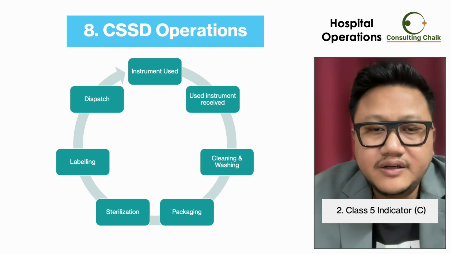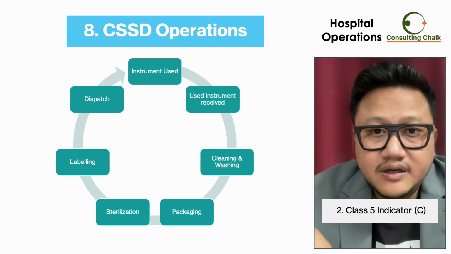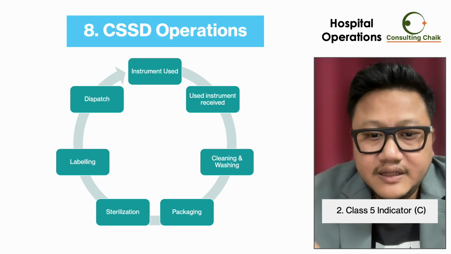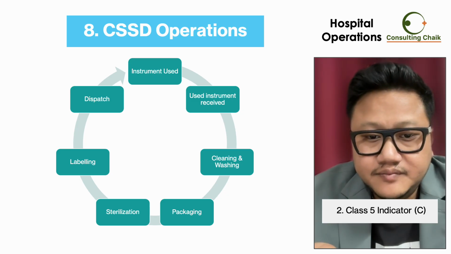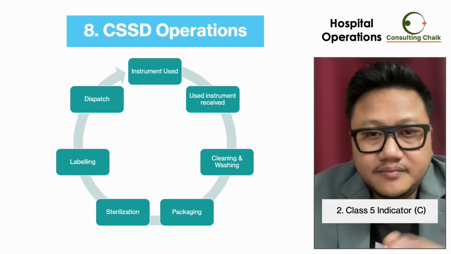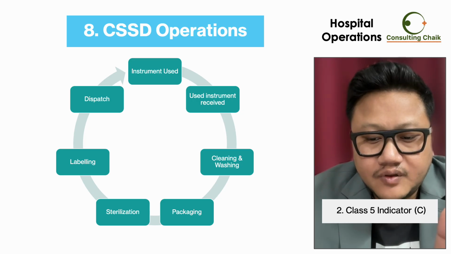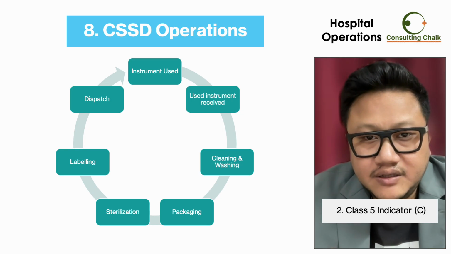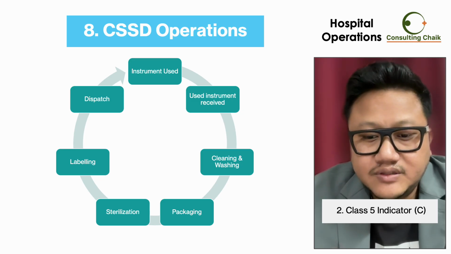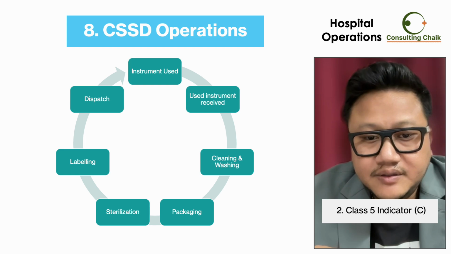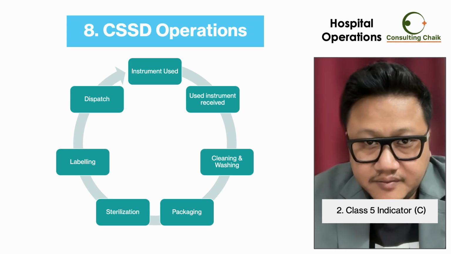You have to do it daily during the first cycle. You have to start with that, and then for each cycle you have to use a class 5 indicator. In the CSSD main register, where you write about your cycle, you have to paste the class 5 indicators as well.